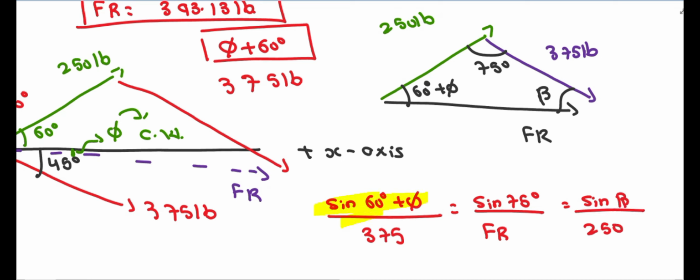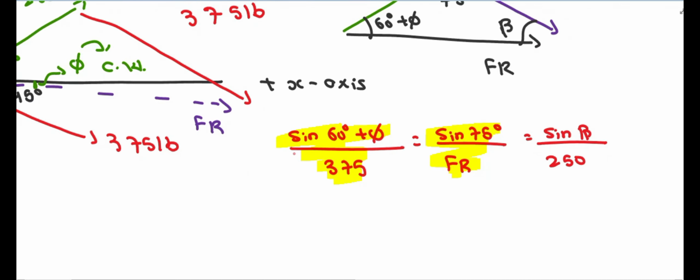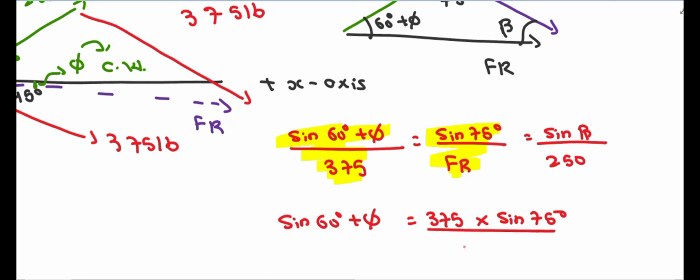I am comparing the first and second parts to find phi. So sine of 60 degrees plus phi equals 375 times sine 75 degrees over FR. We know that FR is equal to 393.18.